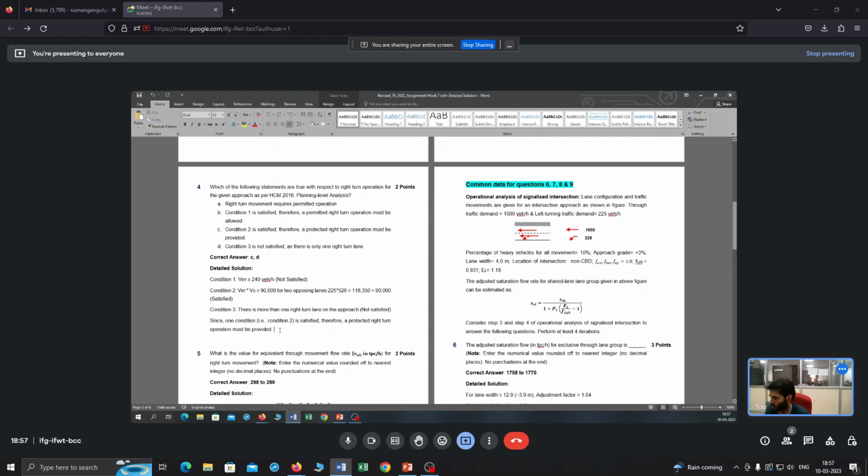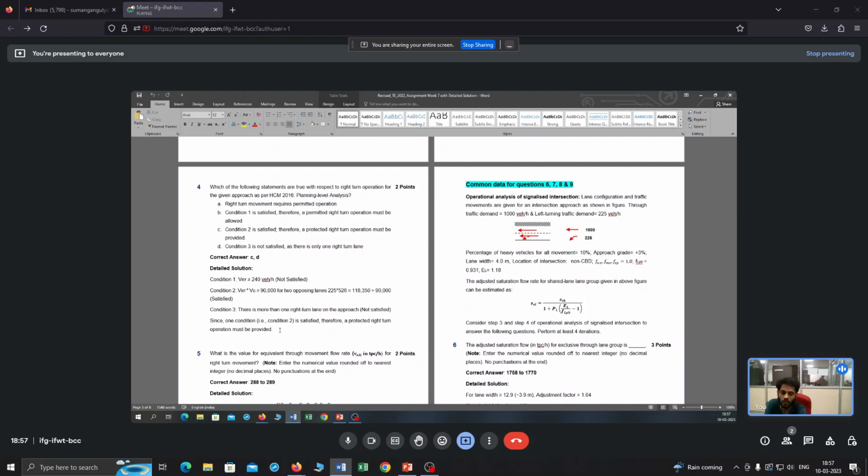Okay. So condition 2 actually refers to what? One scenario is your right turn traffic volume is itself high, right? Then another scenario is your right turning traffic volume multiplied with your opposing traffic volume, that itself is high. So what does it signify?